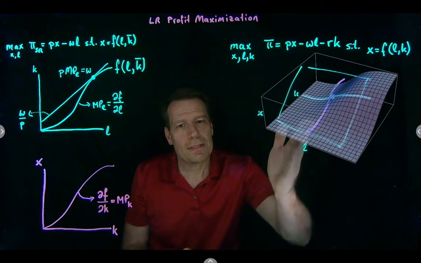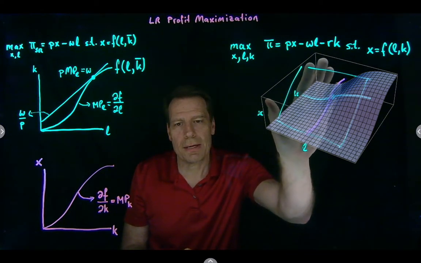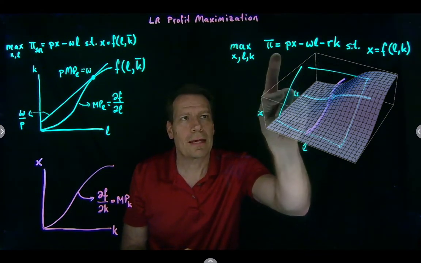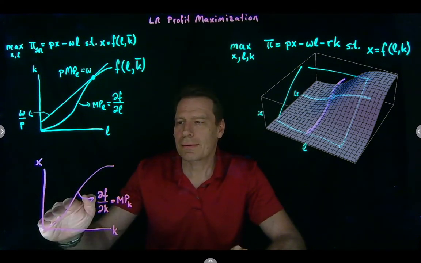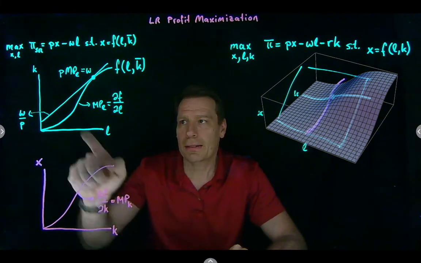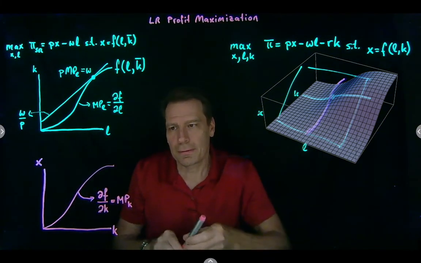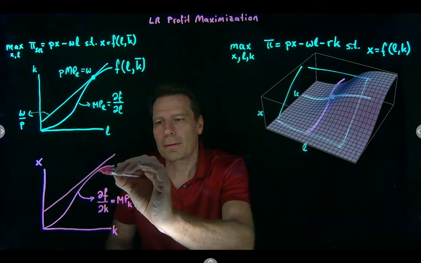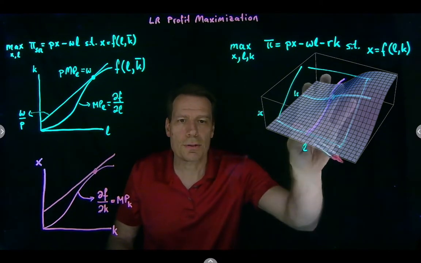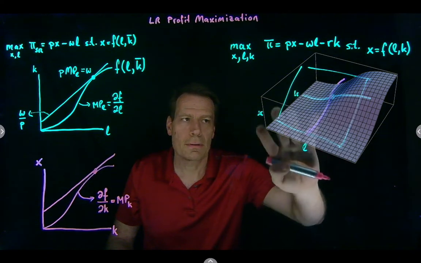And then if we take that slice with the sheet of paper that's tangent to it, that profit plane, we get another line. And that line is going to look exactly like this. It has to be tangent because the profit plane is tangent to the whole production function.